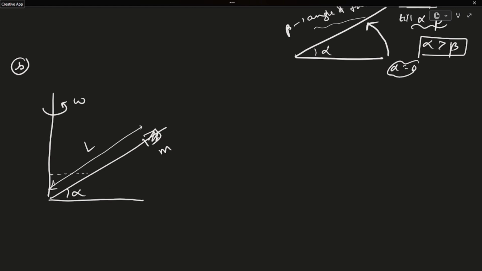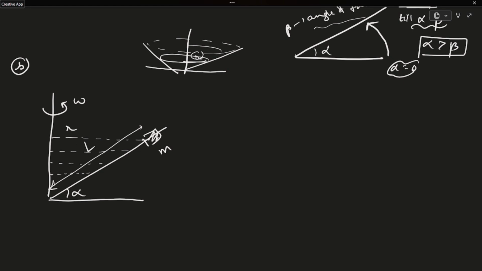This distance is varying. Suppose I take r as a radius, because the rod will move in a 3D way, a conical shape, right? So I am taking this as the radius of this circular part.